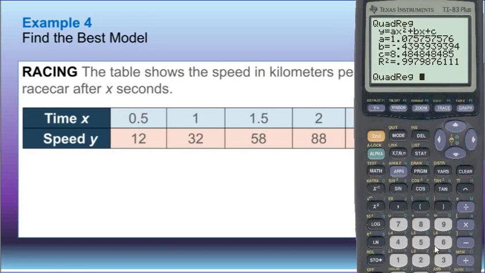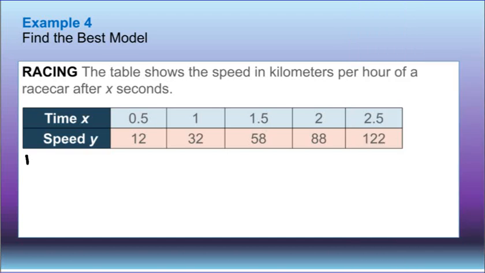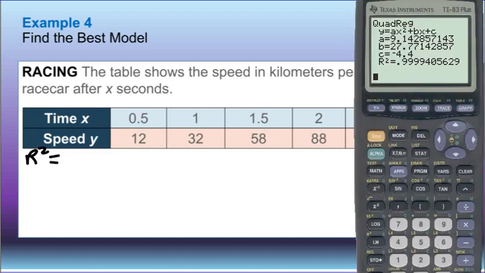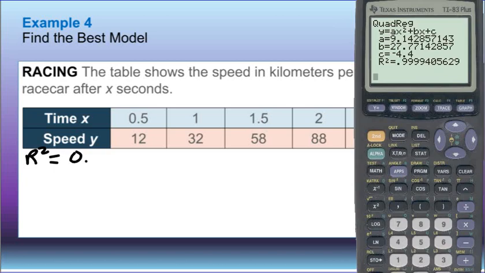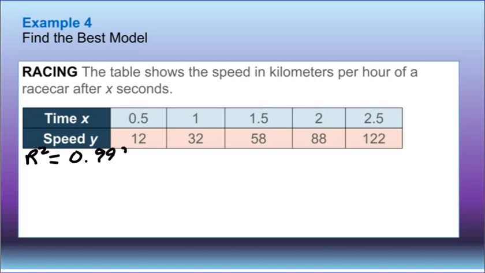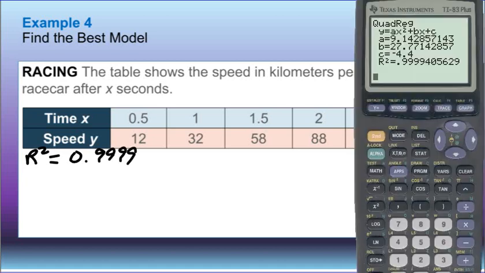If I hit 5 and hit enter, I have an r squared of 0.9999, which is very, very close to what we want.